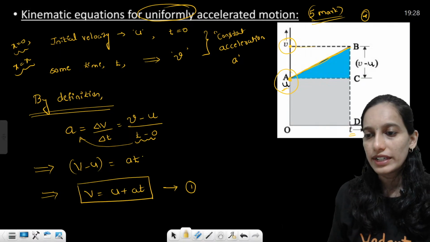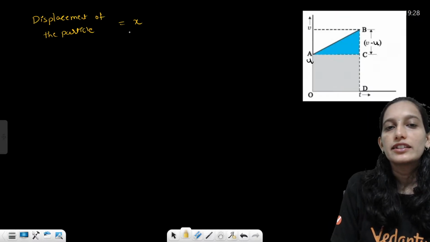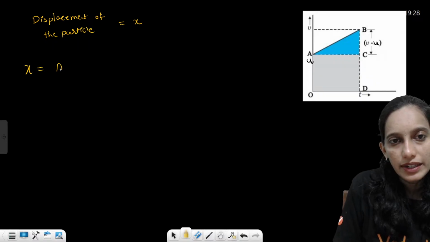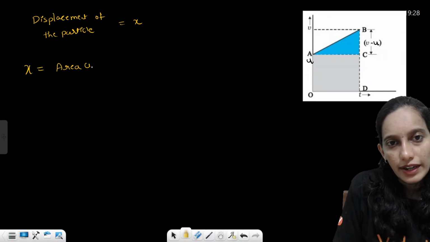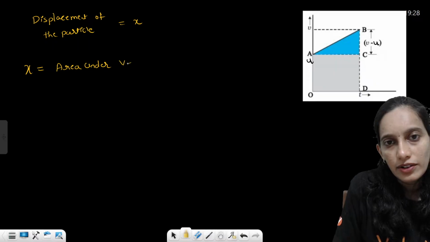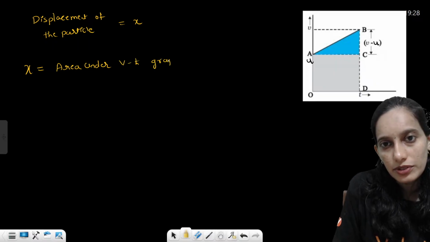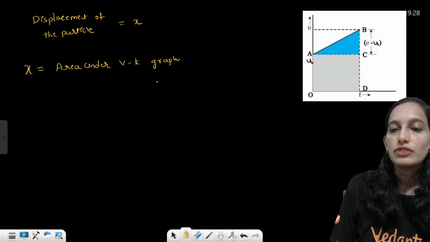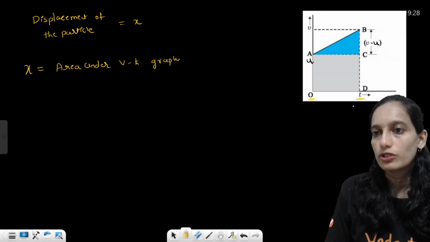So we can simply take the displacement of the particle as x, and this x will be equal to the area under the vt graph, that is the velocity-time graph. So we have to find the area under the vt graph between the time interval 0 to t.